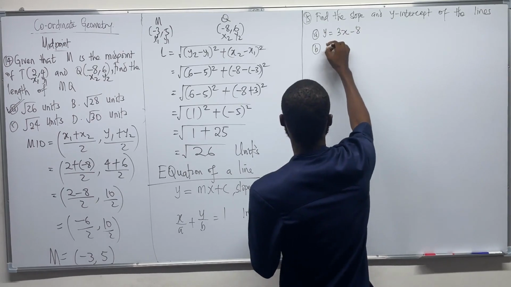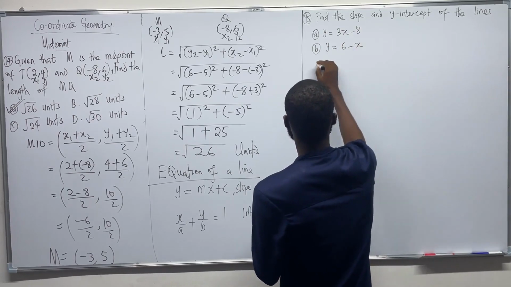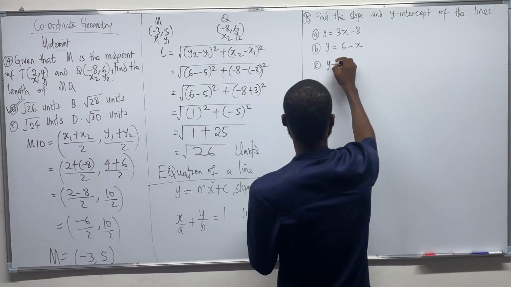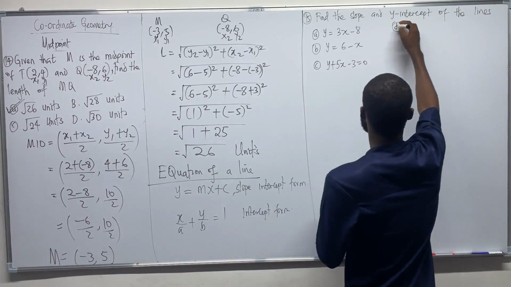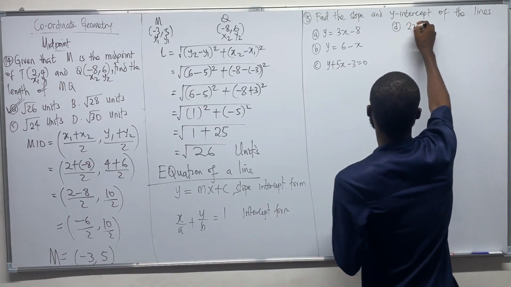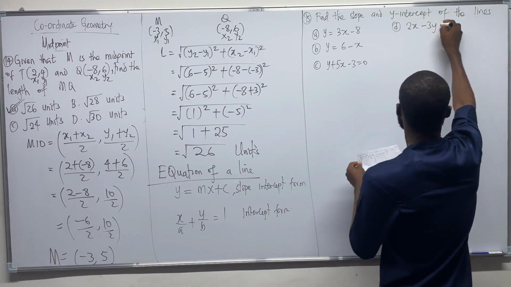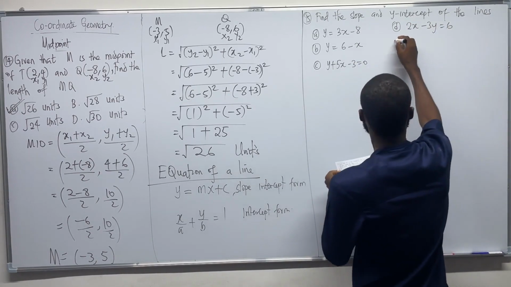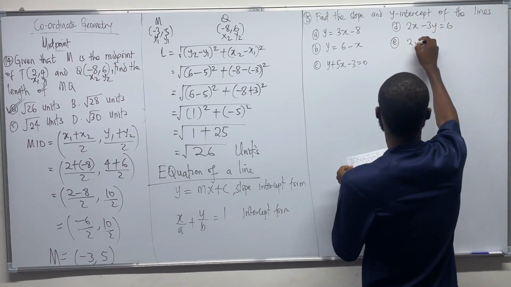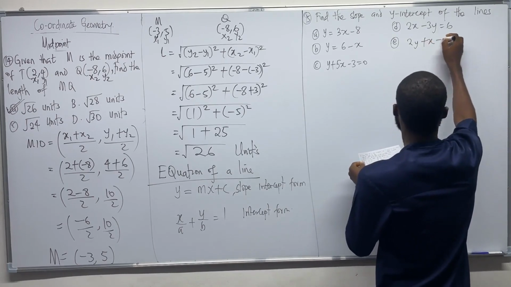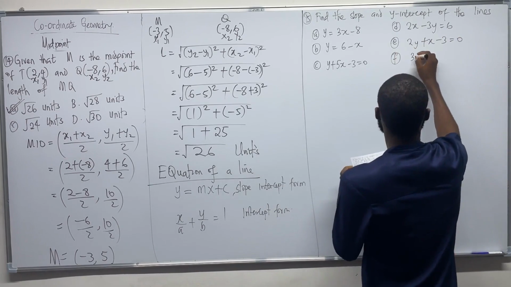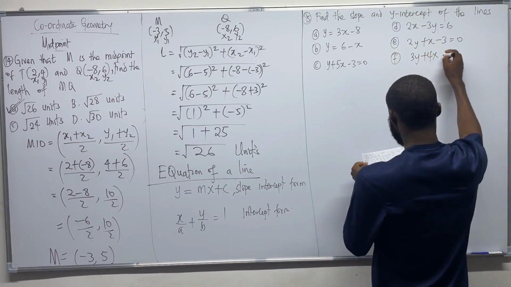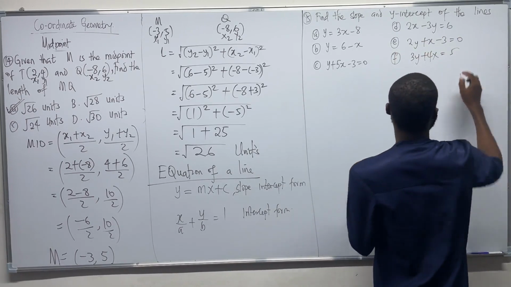B is y equals 6 minus x. C is y plus 5x minus 3 equals 0. Then D is 2x minus 3y equals 6. Then E is 2y plus x minus 3 equals 0. Then F is 3y plus 4x equals 5.